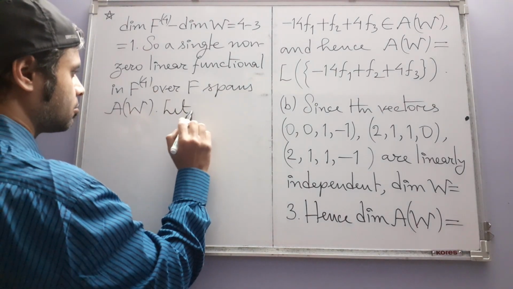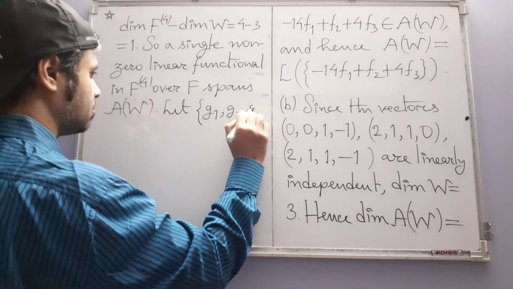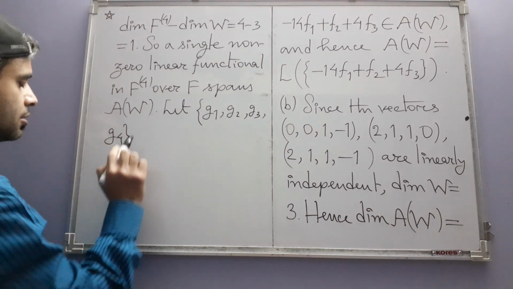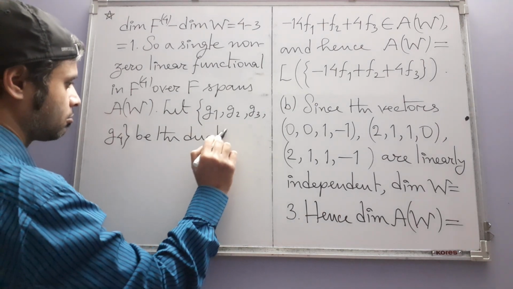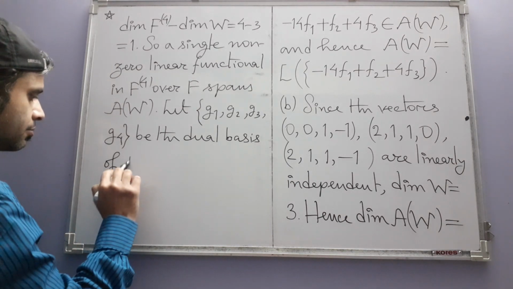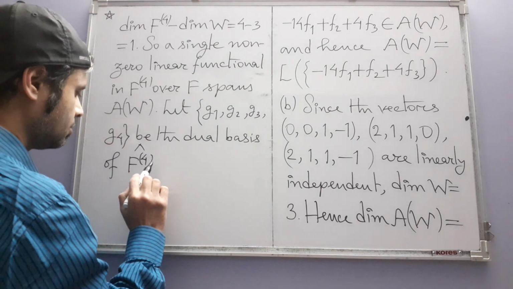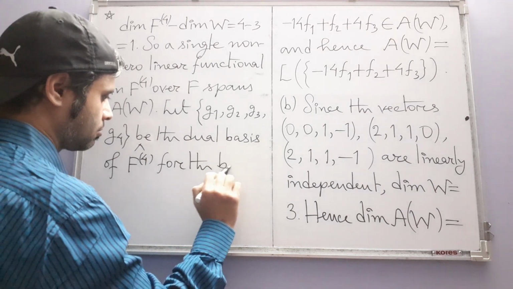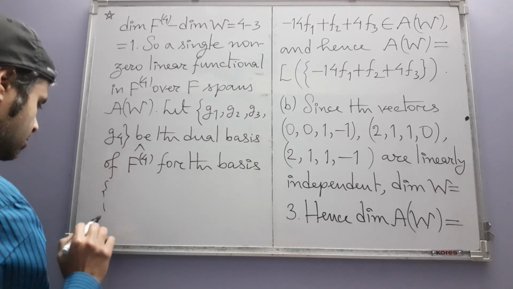Let g1, because here we will have 4 vectors in the dual basis, be the dual basis of the dual space of the 4D space for the standard basis of the 4-dimensional space.